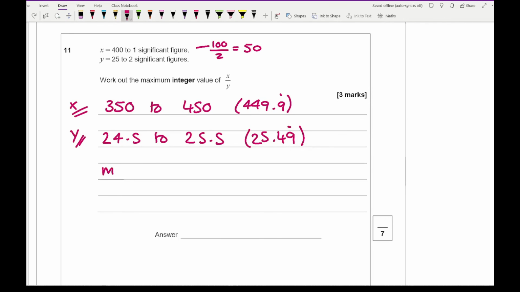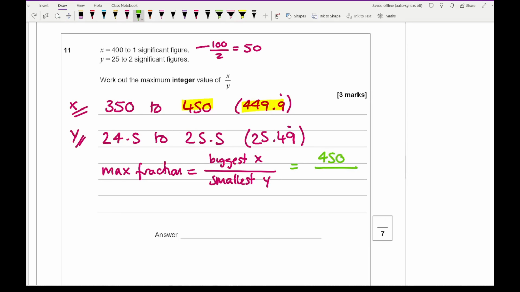Then to get the maximum fraction, we want the biggest x over the smallest y. So I'm going to go for 450, whichever you prefer, divided by the smallest of y's, which is 24.5.